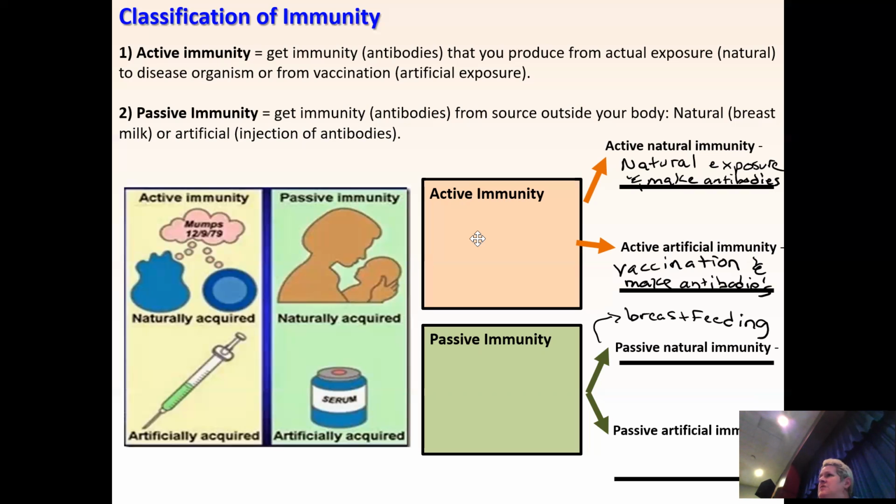Tetanus antitoxin. You have to be tetanus vaccinated to be a student. It has to be kept up every 10 years at least. If you get a deep puncture wound, you're supposed to go in and get a booster of the tetanus vaccine just to make sure you're good.